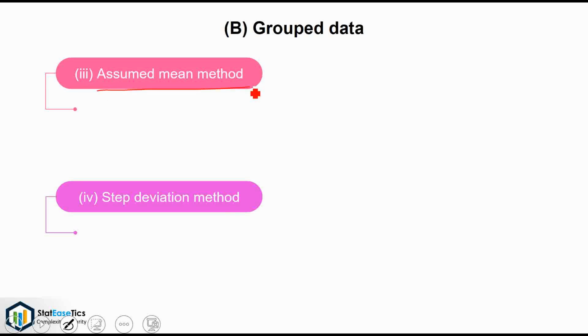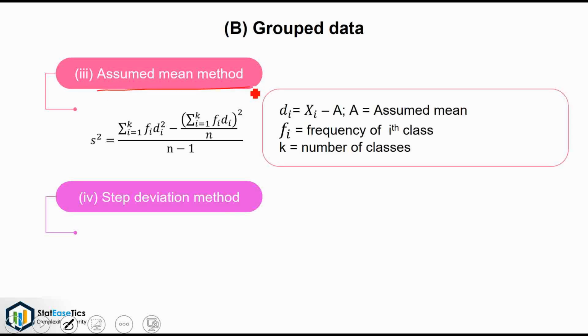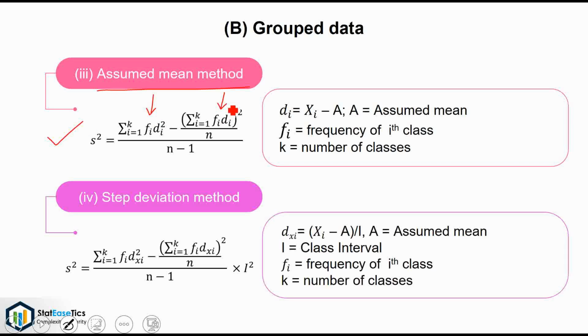Similarly, for the assumed mean method also, we get the formula by squaring the formula of standard deviation, or by adding the frequency terms at these two places in the formula of ungrouped data. For the step deviation method, we can get the formula of variance by squaring the formula of standard deviation. That is, the root sign will be removed from the formula of standard deviation and we get the formula of variance as shown.